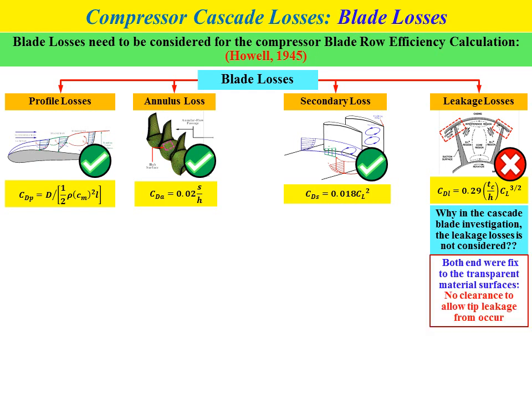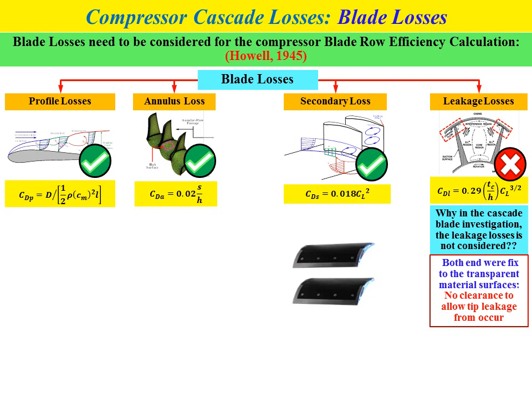One of the reasons is that both ends of the cascade blade were fixed to the transparent material surface in the test section of the cascade blade, where there is no clearance to allow tip leakage to occur, as shown in the figure. The photo shows two identical cascade blades.